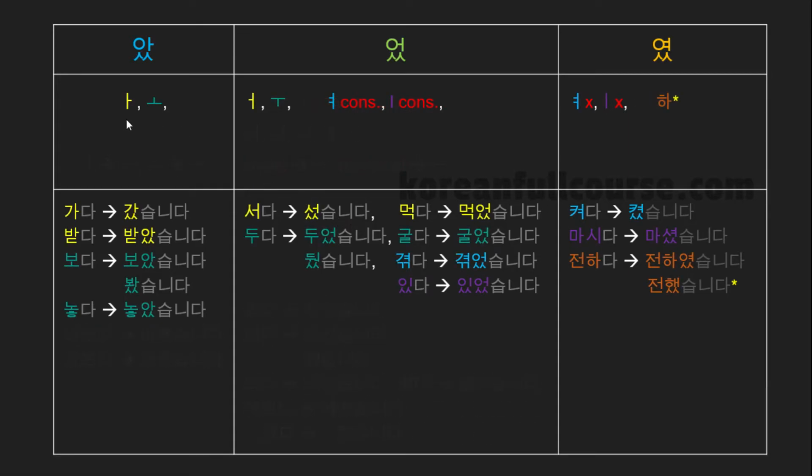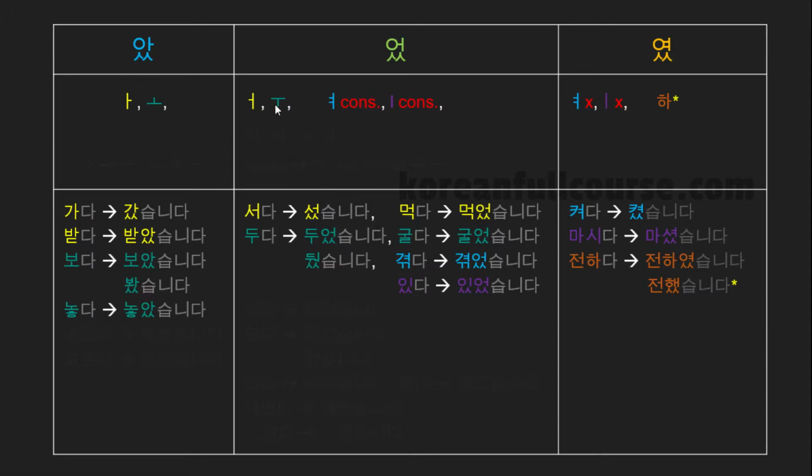So if the last vowel in a stem is a or o, use the suffix 았. 가다, 갔습니다. 받다, 받았습니다. 보다, 보았습니다 or 봤습니다. 놓다, 놓았습니다.